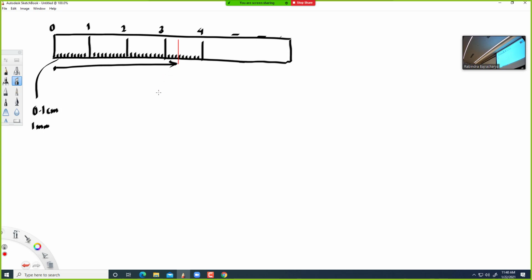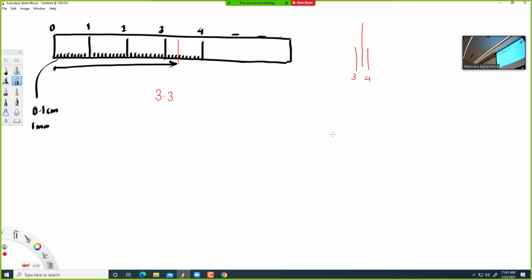So it crossed 3, and then we also have 1, 2, 3 of these smaller divisions, and then we have the line between this third line and the fourth line.